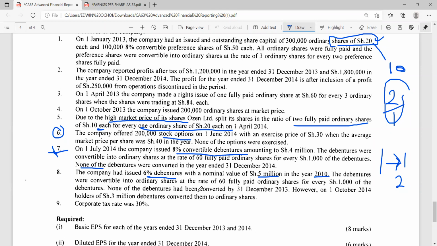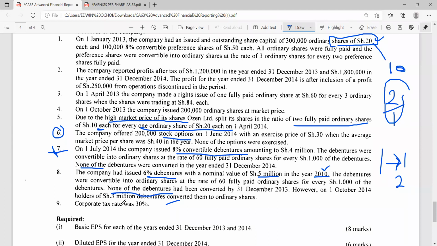None of the debentures had been converted in the year 2013, that is by 31st December. Remember that this security was present from 2010. But in 2013, there was no conversion which took place.